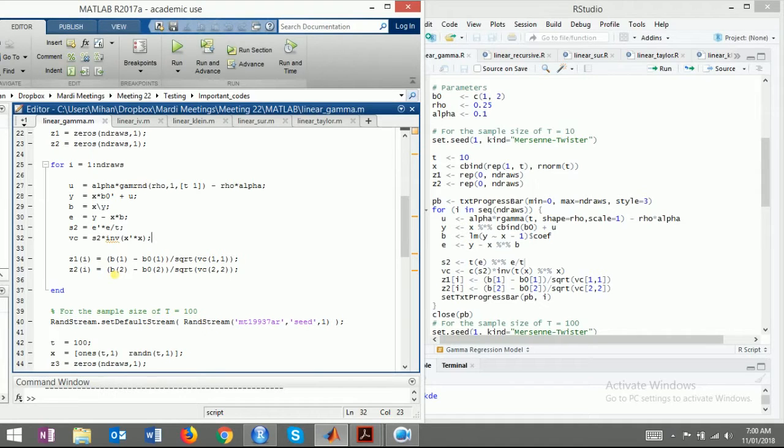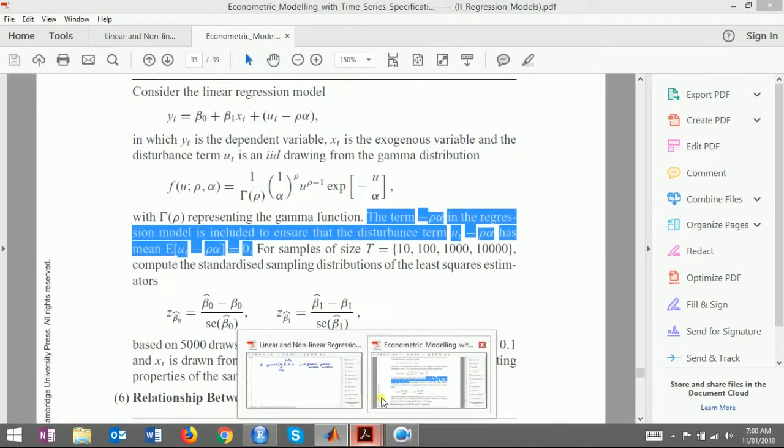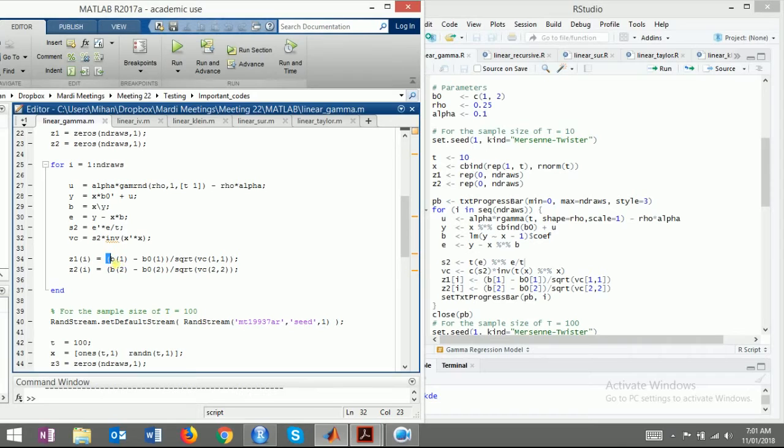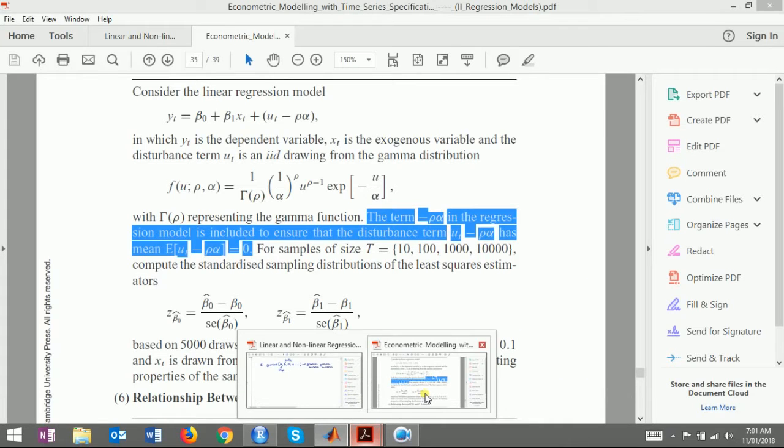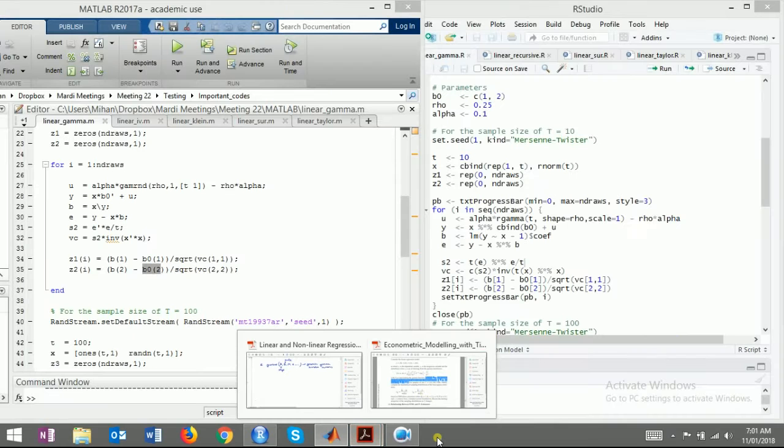So z1 is b1 minus b0 divided by the standard error. So b1 minus b0 1, b2 minus b0 2. b0 1 is the first element of b0, and b0 2 is the second element.